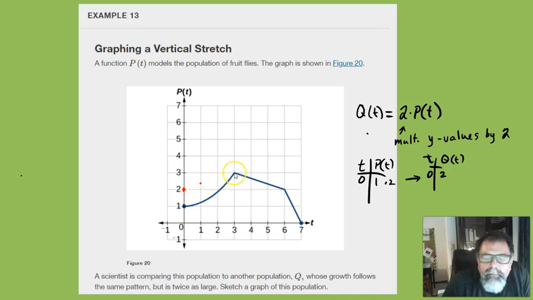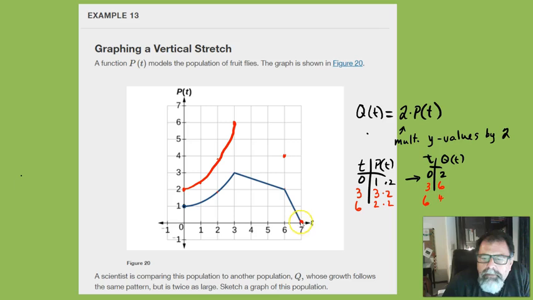I just go to the endpoints of segments where they change. So here this is 3, so I have 3, 3, and then times it by 2, so that'll be 3, 6. So 3, 6, and then I'm going to match that curve, but with the vertical stretch. Or you can pick out that's like 1.9, so 3.8 if you want to do that. And then this one is 6, 2, so times the y coordinate by 2, so it'll be 6, 4.